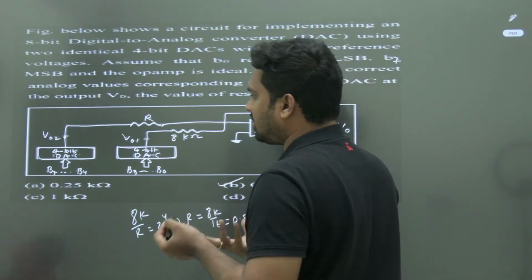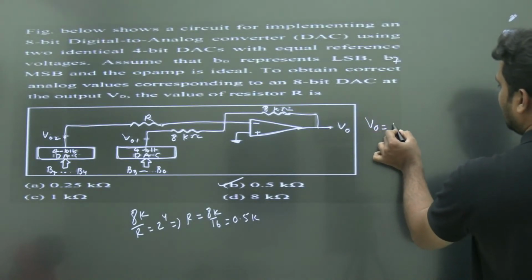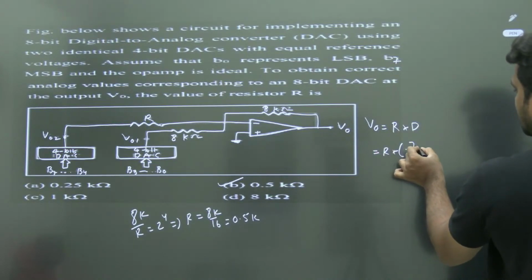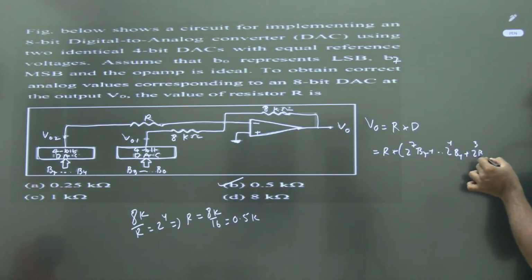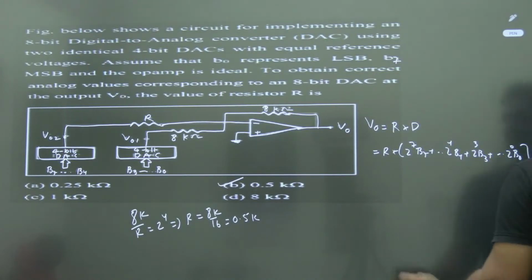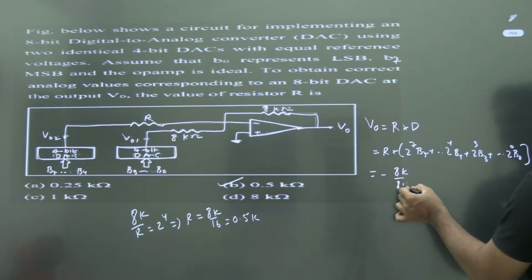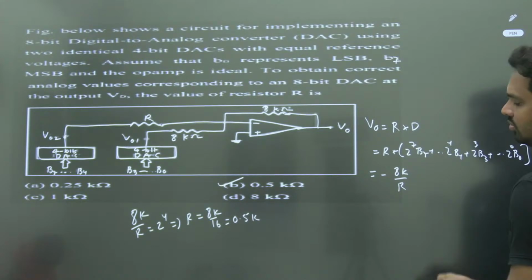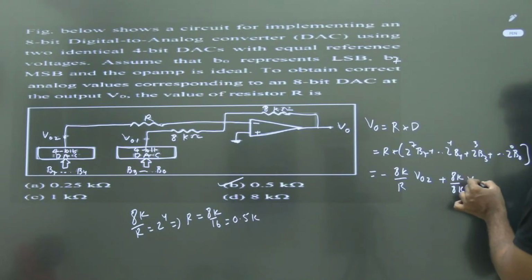Maybe some people are not happy with this, so let me explain in a better way. So what is your V0? V0 is equal to resolution times the decimal equivalent, that is my requirement: resolution times 2 to the power of 7 B7, 2 to the power of 4 B4, 2 to the power of 3 B3 plus 2 to the power of 0 B0 is what I am expecting as an 8-bit DAC. But what you are getting here, leaving aside the minus sign, is 8k by R into V02 plus 8k by 8k into V01.